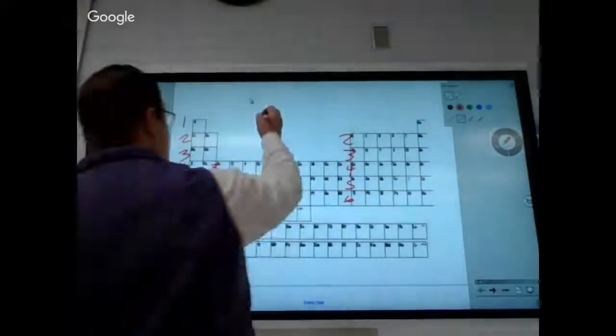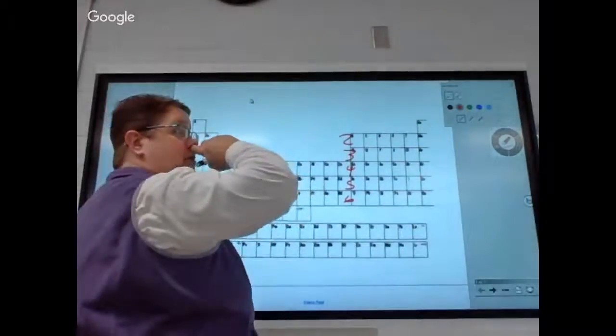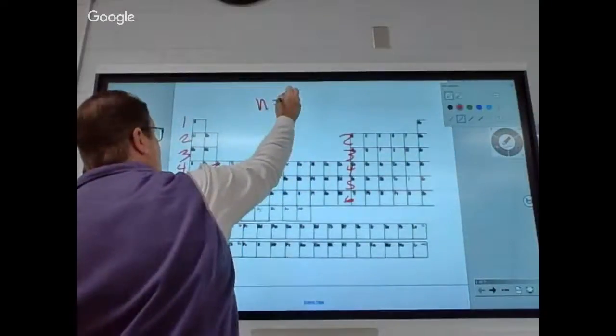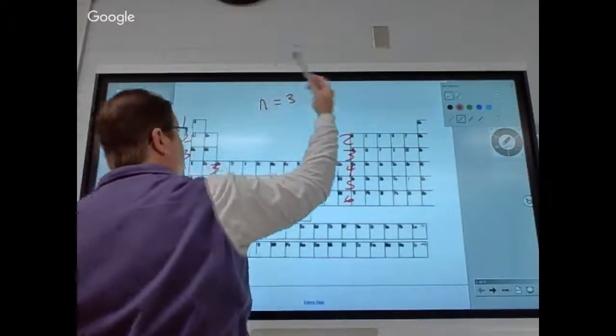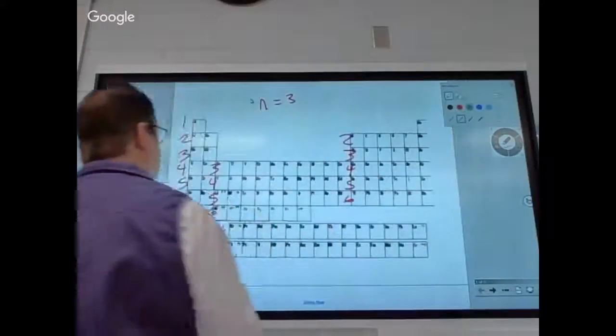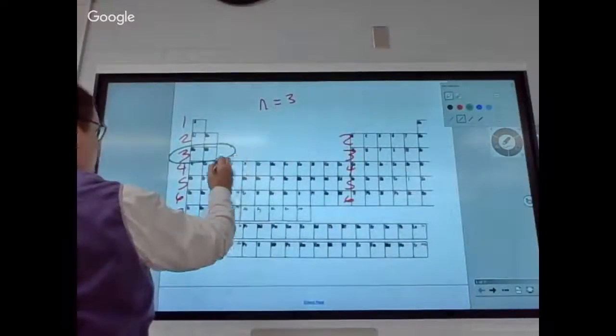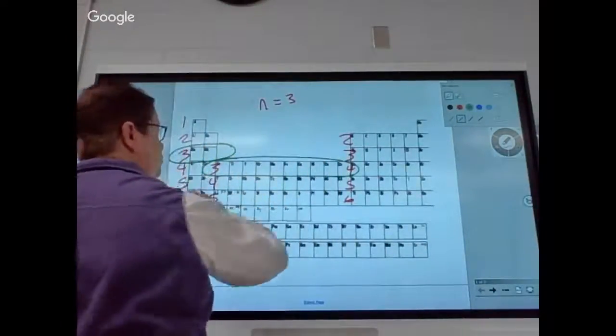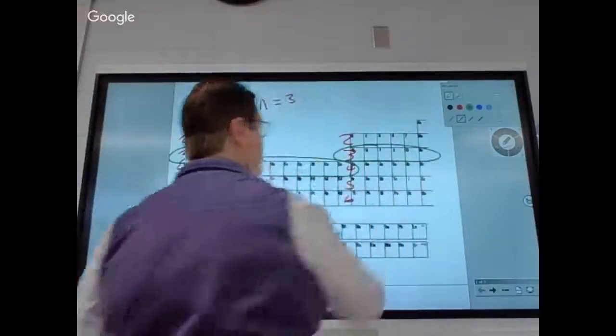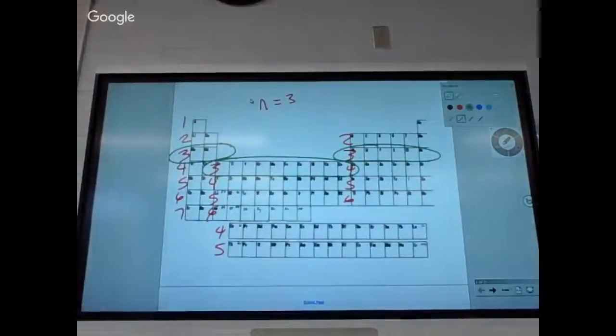Now, if I ask you about the third energy level, what's the third energy level? That's n equals 3, right? How many electrons can it hold? Well, check out your n equals 3s. 1, 2, 3 places you got labeled as a 3, right? Count your spaces.